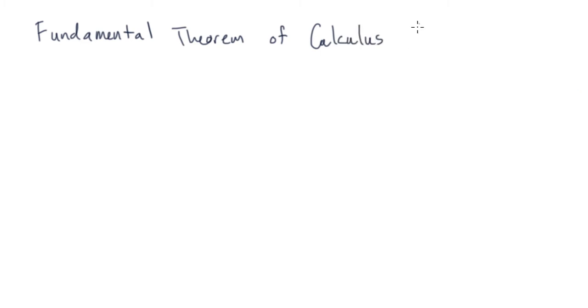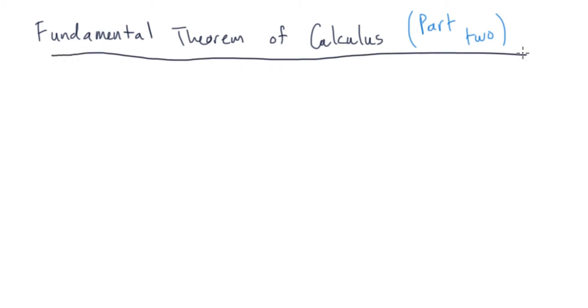All right, so now that we've seen the fundamental theorem of calculus, part 1, let's look at the second part. Okay, so recall that the fundamental theorem of calculus part 1 basically told us how to find an antiderivative of a continuous function.